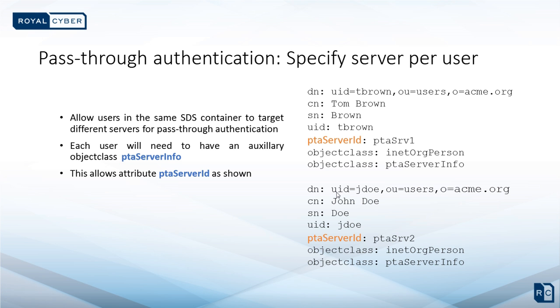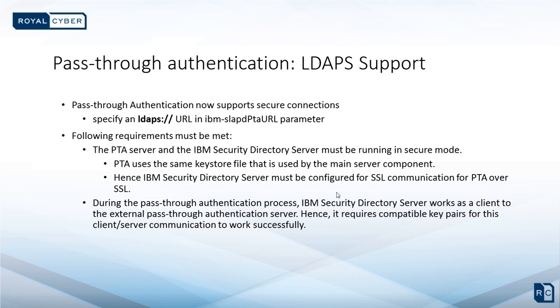The only configuration required is to set two attributes: PTA server info and PTA server ID of any user in that registry. So when looking up the credential of a particular user, the server will follow the information provided in these attributes.